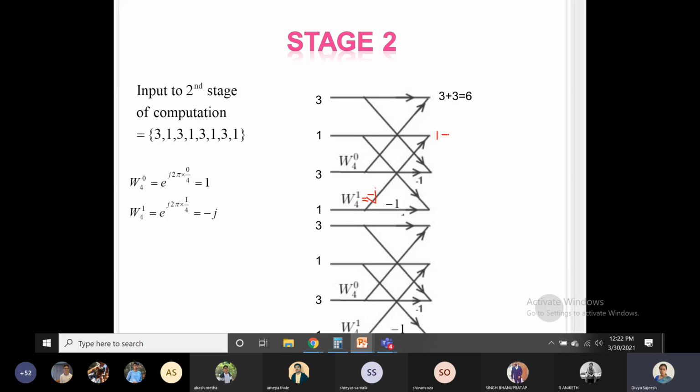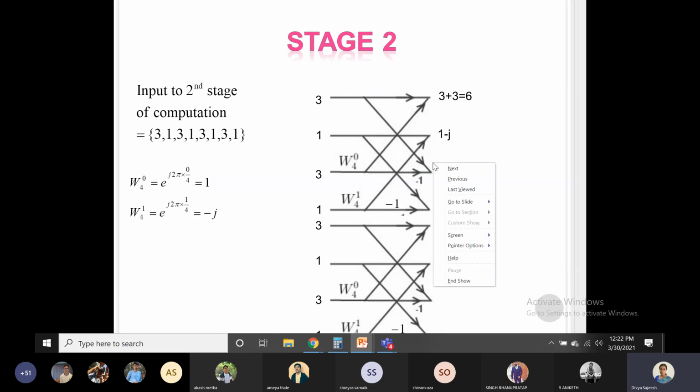So it will be 1 minus j. 1 will come from this path, and from the other path 1 into minus j. So the next output is 1 minus j.